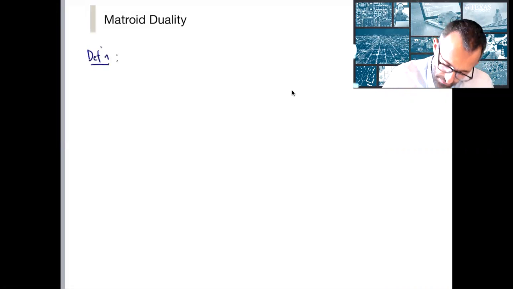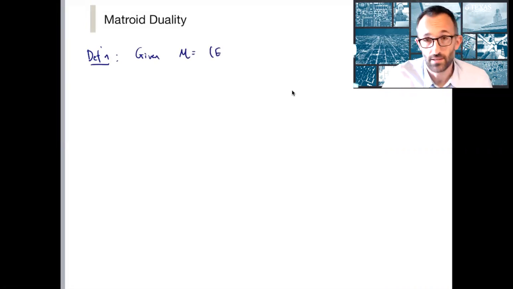Given a matroid, defined as usual by its ground set E and its independent system I, we're going to define the dual matroid as follows.